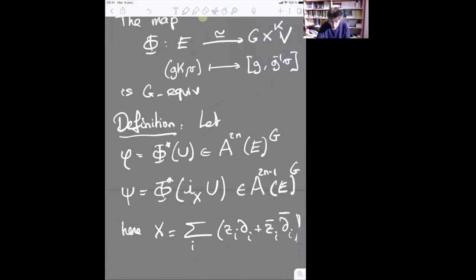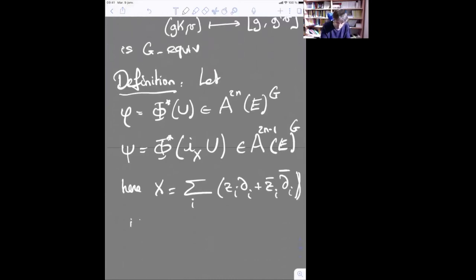So it's the radial vector field in V. And the radial vector field, just to connect with what we have done before, is an infinitesimal version of the multiplication in the fibers.